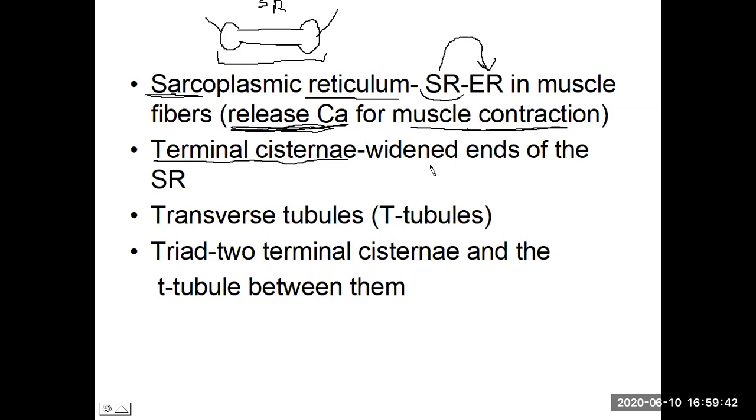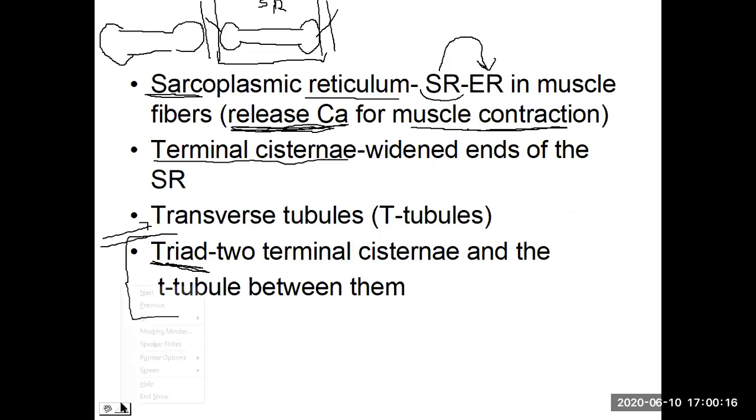And running right along the terminal cisternae is a network of canals, a network of tubes, known as transverse tubules. So if we add to our sketch, we'll put a transverse tubule bordering right along each terminal cisternae, and then we'll draw the next sarcoplasmic reticulum. And that leads us to this final trait for this slide, a triad, with 3 parts, of course, 3 components.